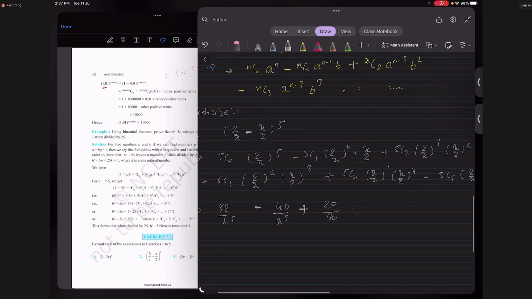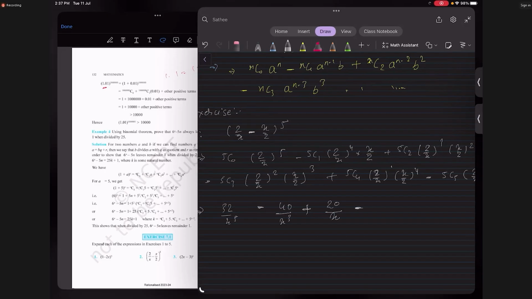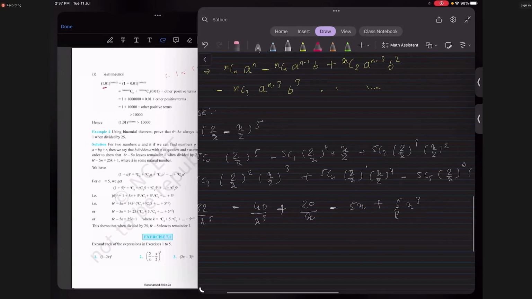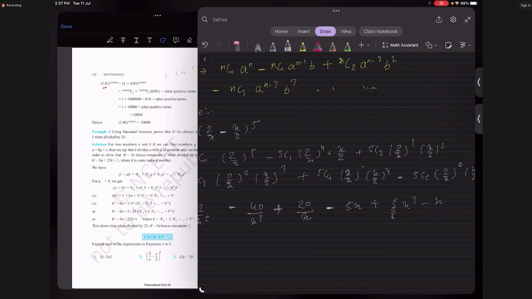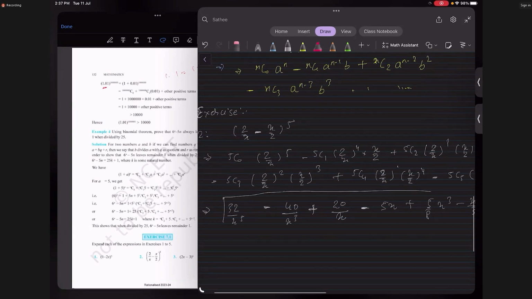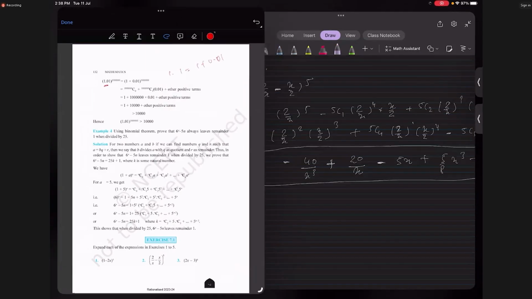And 5C3 is again 10 into 10 by 2, so this would be 5x, and plus this would be 5 by 8 x cube, minus x to the power 5 by 32, okay. So this would be the complete expansion of this expression. So this is the usual method. We'll be expanding the terms. Okay.